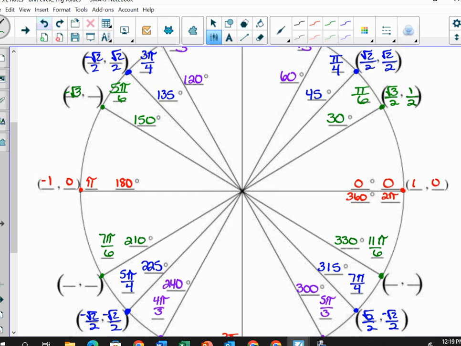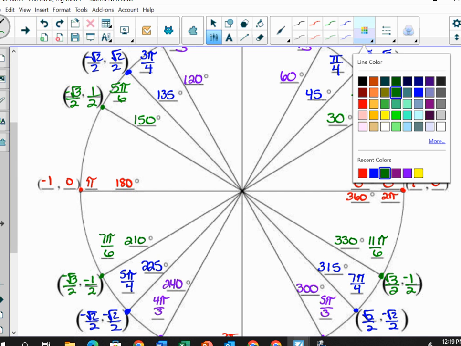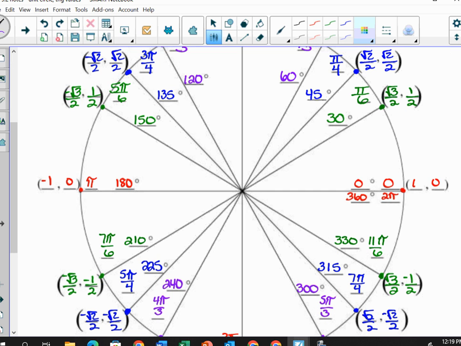Go ahead and label those with the appropriate signs. Okay. We just have purple left again.